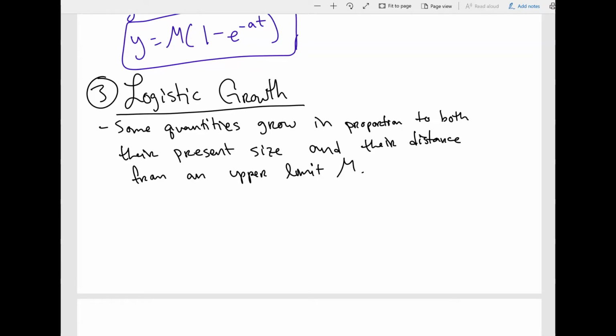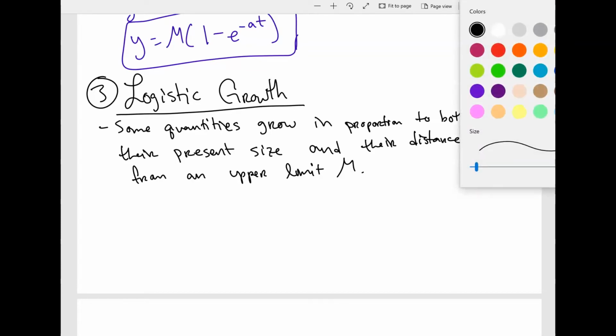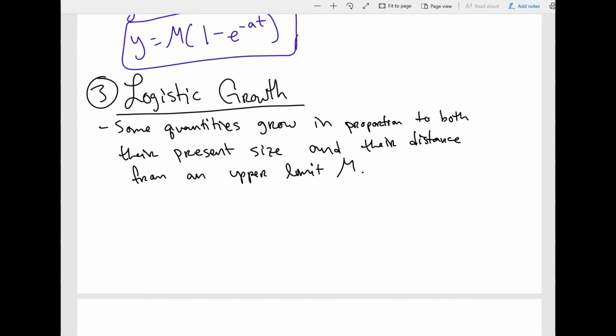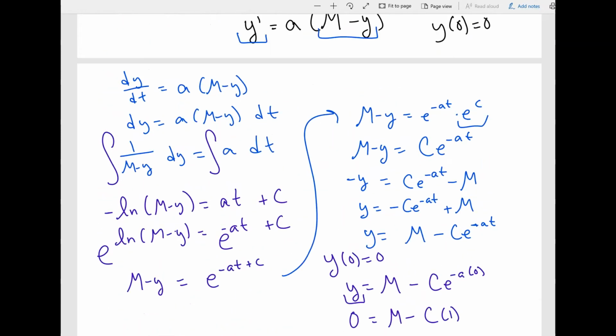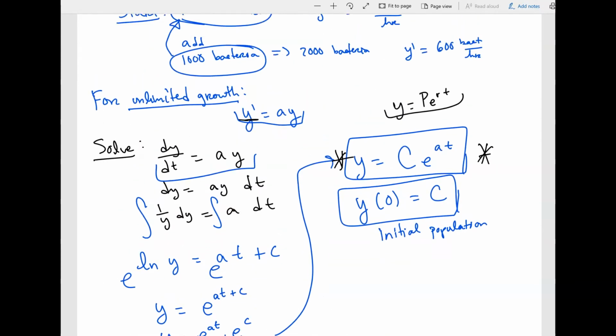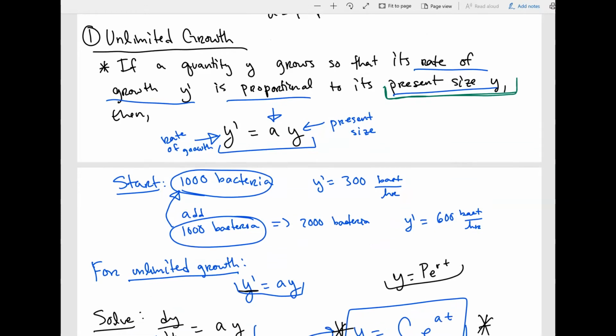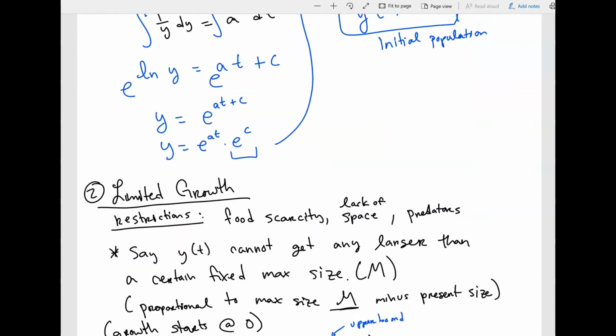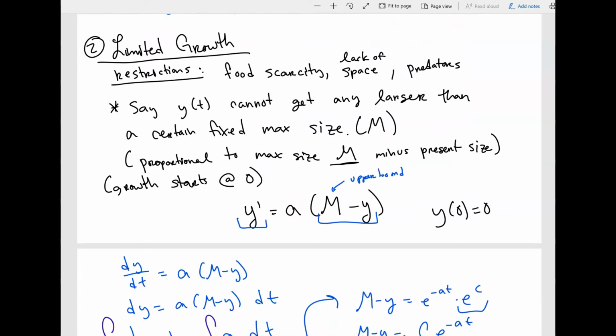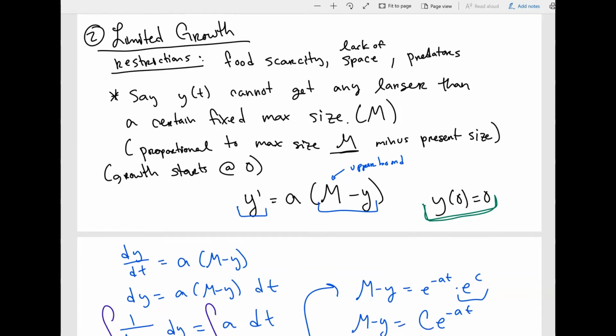Basically, what it does is that you have two different things. In unlimited growth, everything was based on its present size. In the beginning, we had a certain amount, and then it just grows forever. Then with limited growth, we said, let's say we start at 0, so we don't have a present amount, and then there's a maximum that I cannot grow past.